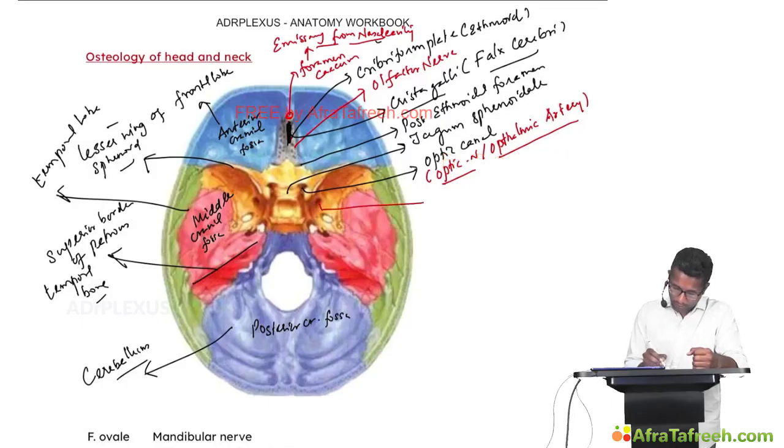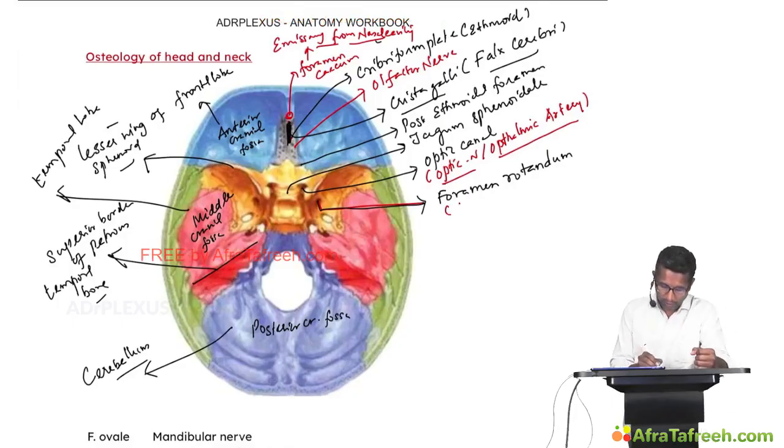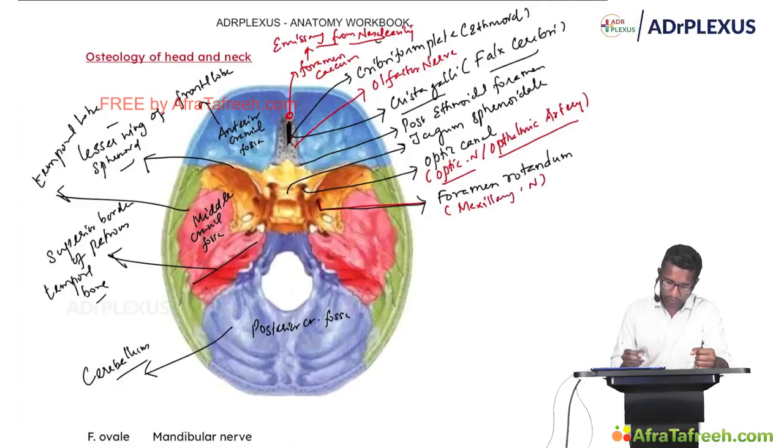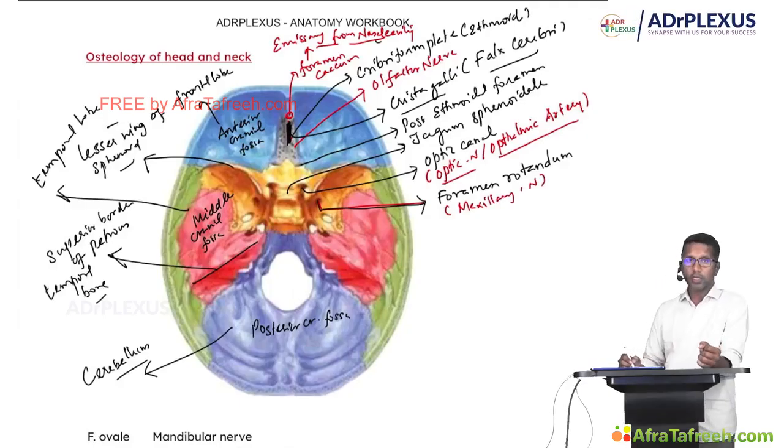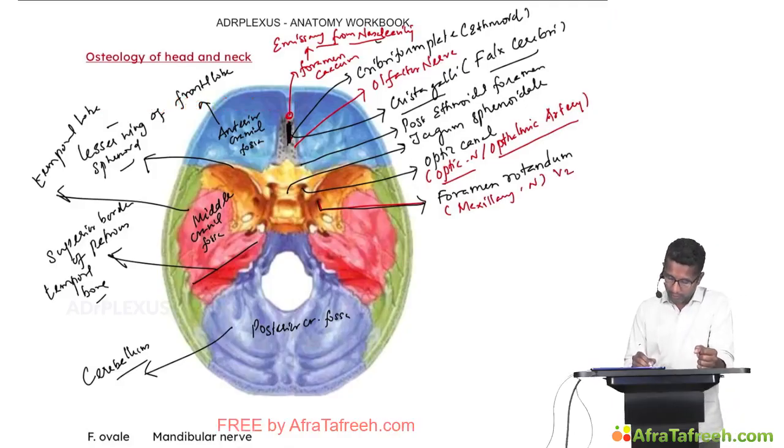The opening you see here is nothing but the foramen rotundum, and this foramen rotundum transmits an important nerve to the maxillary region, the maxillary nerve. That is the second division of the trigeminal nerve.